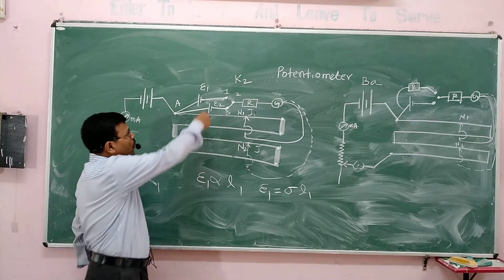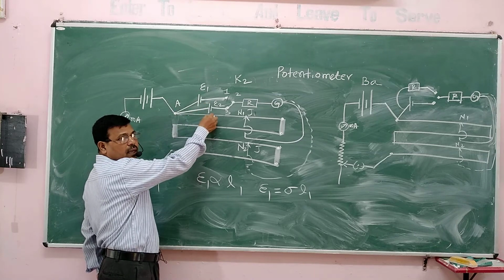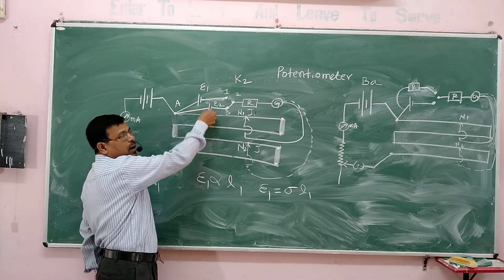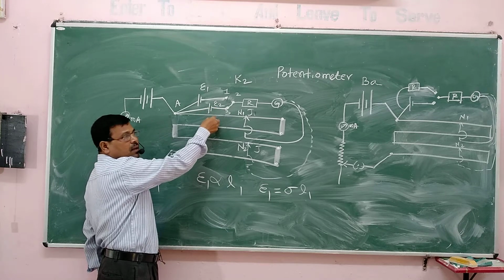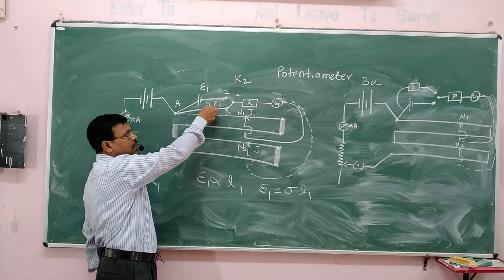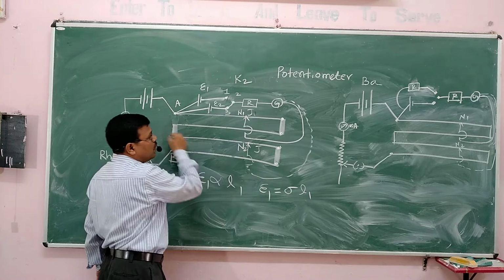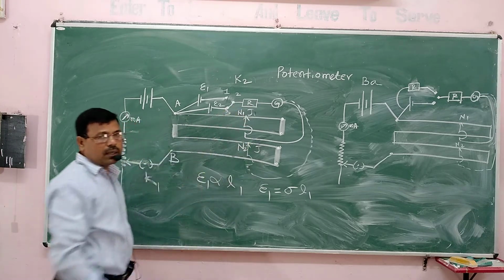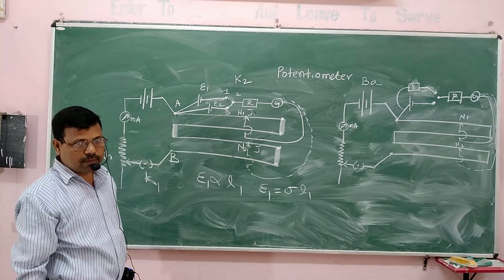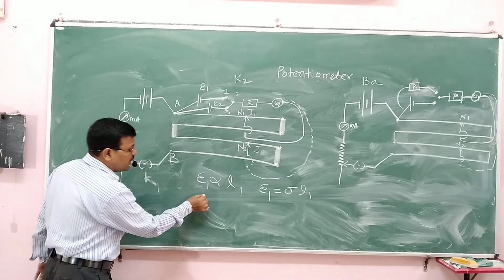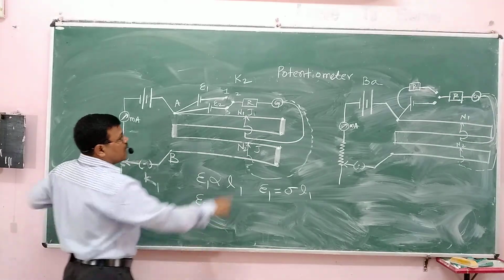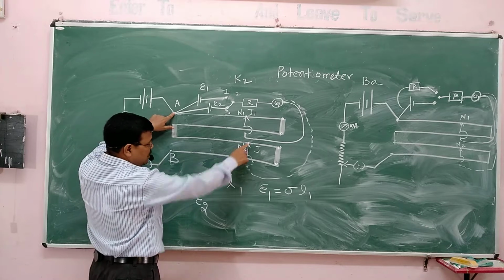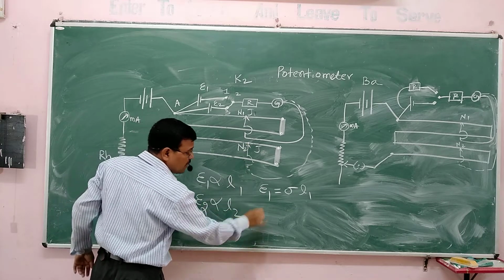When you move the jockey over the wire, there is a fall of potential from the cell. All the potential of the cell falls when the galvanometer gives zero deflection. Then we write that the EMF of the second cell is directly proportional to the balancing length L2.